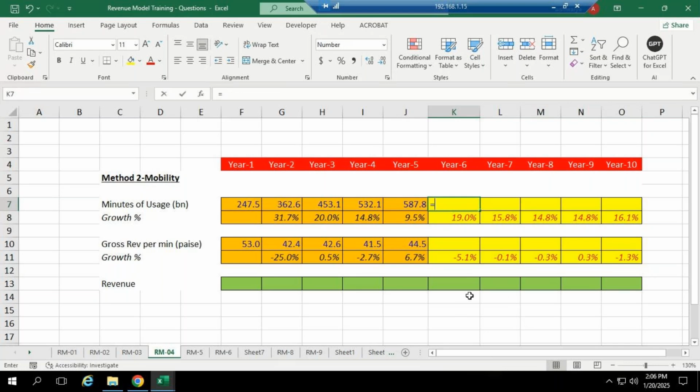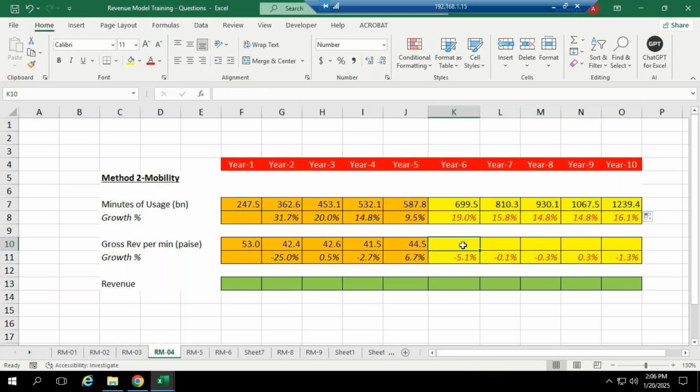Is equal to this value, 587.8 into, 1 plus this 19%. Now close the bracket, enter. That's all. Now in the same way you have to drag it over here.